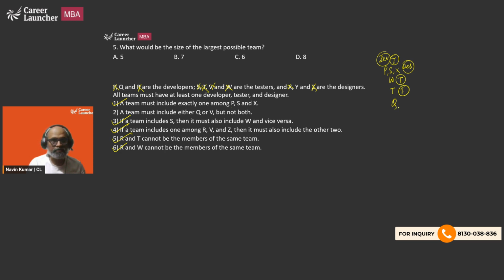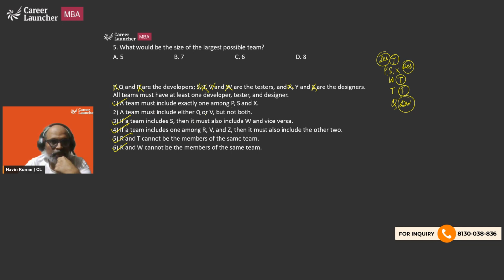So if Q comes in, Q is a developer. R and W cannot be together. R and T cannot be together. R is not included. If S is there, the W has to be there. Q or V may say 1. I cannot bring in V because R and Z will come along.